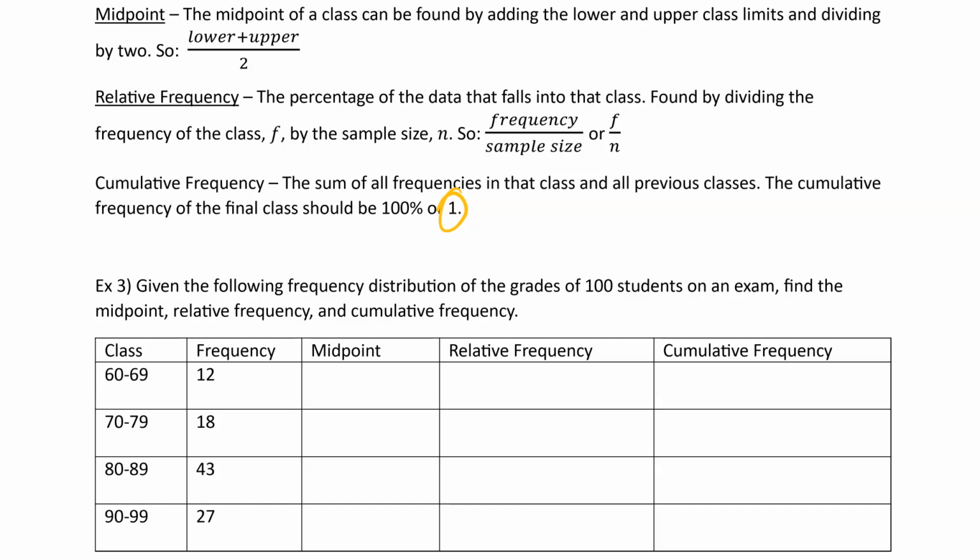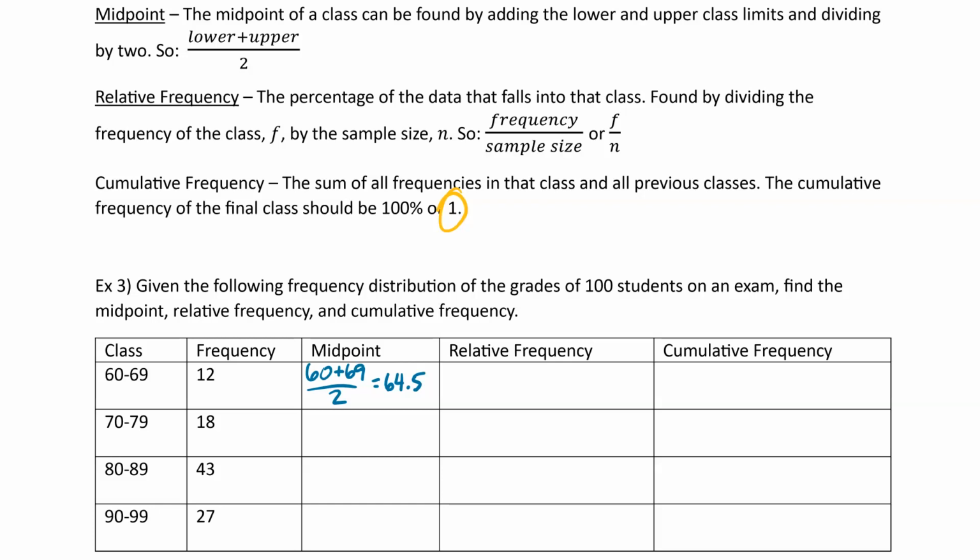So if we start with the class that's going to be 60 to 69, has a frequency of 12. So for midpoint, we do lower plus upper divided by 2. So that would be 60 plus 69 divided by 2, which is going to be 64.5.